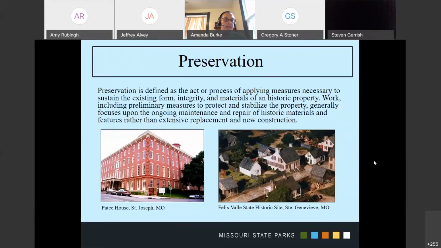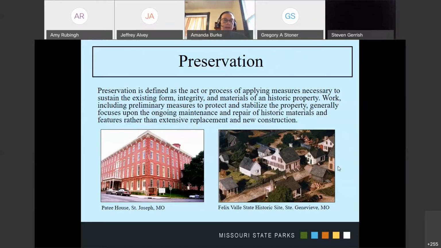We are trying to keep things the way they are. So this is the act of applying measures necessary to sustain the existing form, integrity, and materials of the historic property. Most of the time, like I said, that's not necessarily what we're doing, but it is not uncommon for us to just try and preserve what we have.